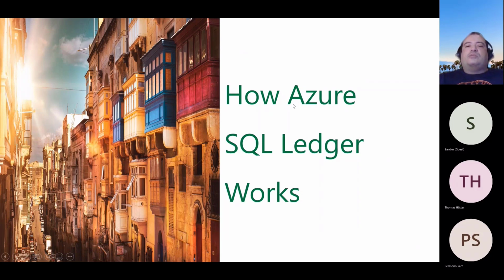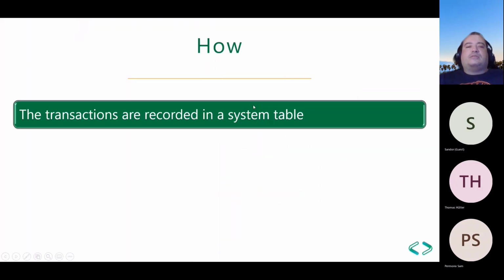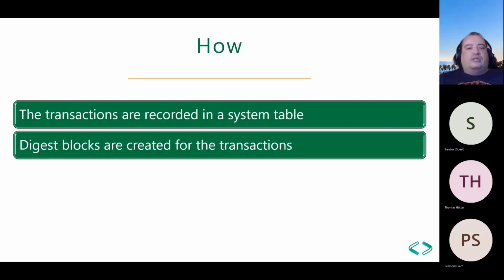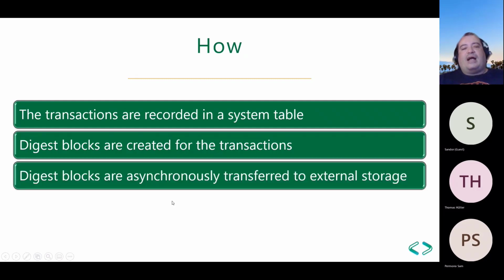And so let's go into more details about how Azure SQL Ledger works. The transactions are recorded in a system table. SQL Ledger uses a system table to record the transactions. The digest blocks are created for each transaction and asynchronously transferred to an external storage.